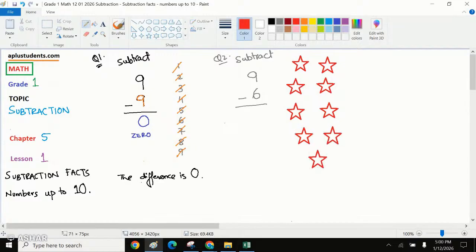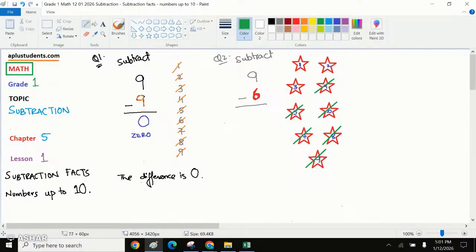If we had these 9 stars, can we number them? Let's number them. 1, 2, 3, 4, 5, 6, 7, 8, and 9. How many do we need to remove? We need to subtract 6 out of these 9 stars, right? So let's start removing. We always start from the greatest number. 1, 2, 3, 4, 5, and 6.